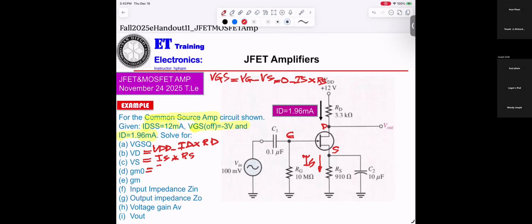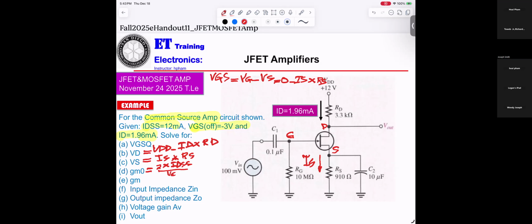Okay, times IDSS, right? Divided by VGS off, correct?